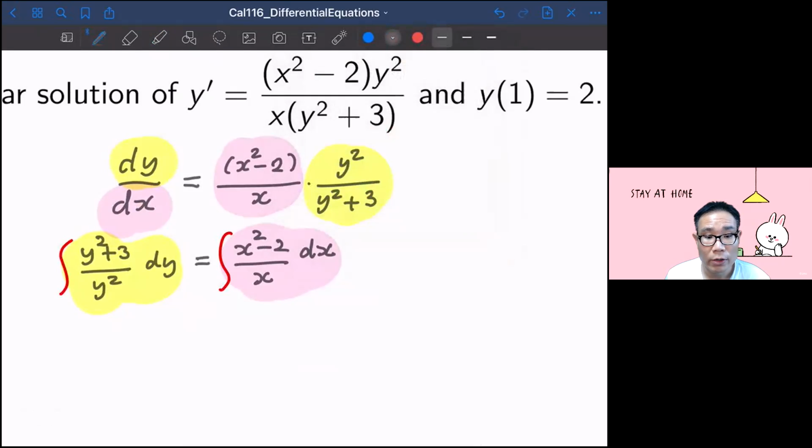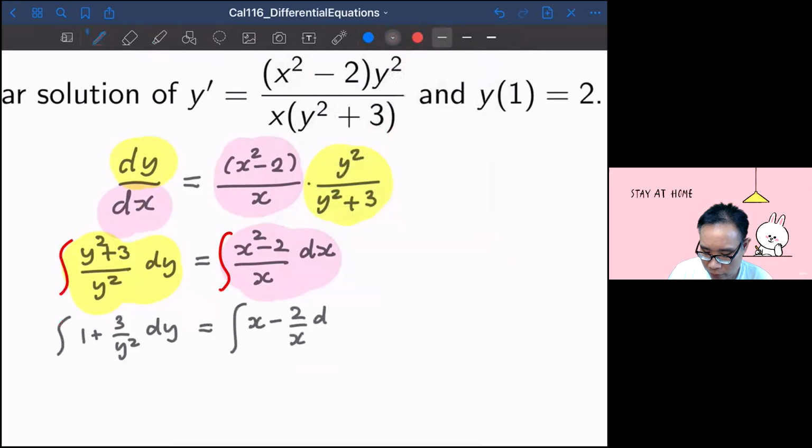So you can just integrate both sides. It turns out to be the integral of 1 plus 3 over y squared dy equal to the integral of x minus 2 over x dx. Okay?